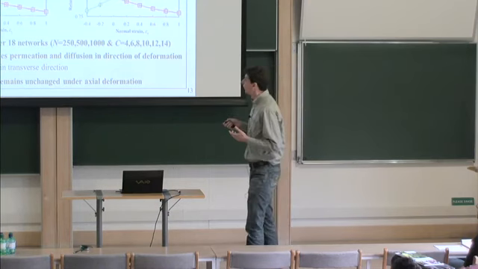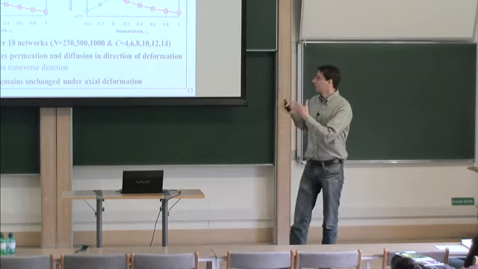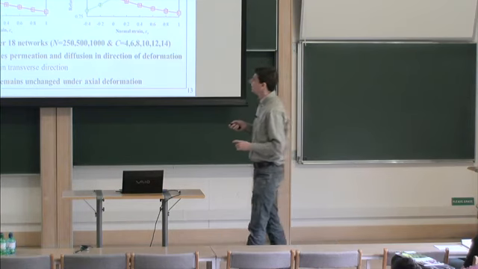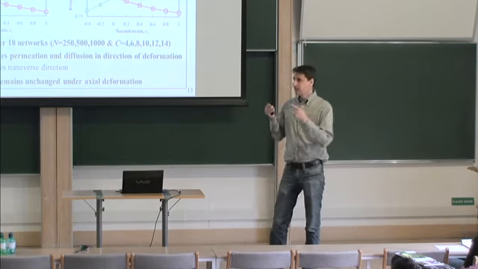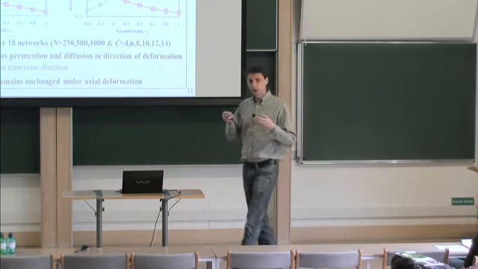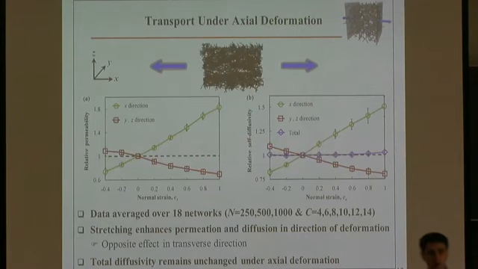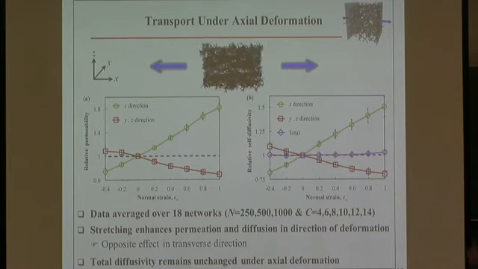We see that for all these cases, they collapse nicely onto one curve, which gives us different permeability for the direction along the stretching. There is higher permeability along the direction we stretch the network and lower permeability in the direction normal to this stretching.